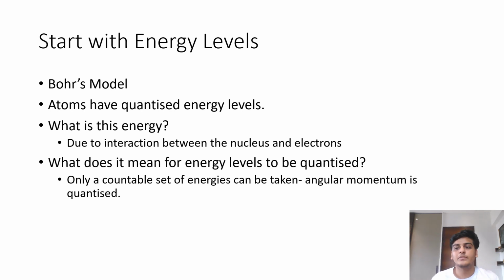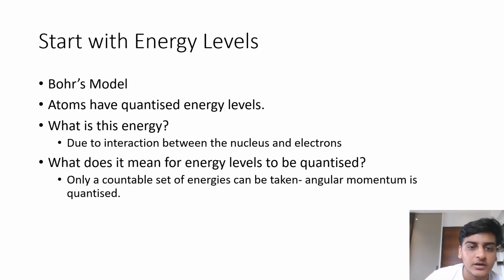What exactly do you mean by the energy level then? An energy level is basically a particular value of energy that is allowed to be occupied. So when we say that an energy level is quantized, it means that there is a set, fixed, countable number of energy values that the electron is allowed to take.